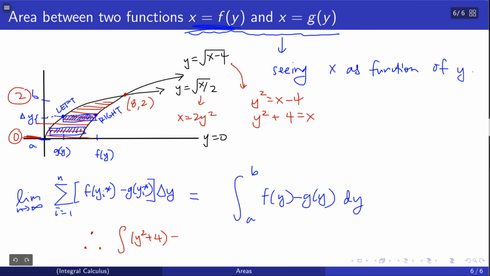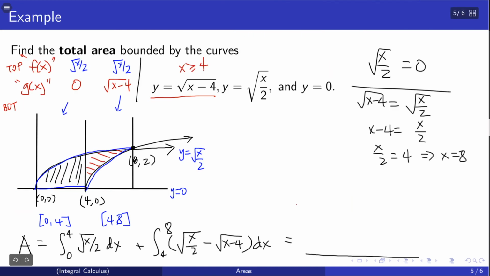The function on the left is 2y squared. Take the integral from 0 to 2. And this should also give you the area of the region that we're looking at. And you should be able to check that this area is equal to this area over here.